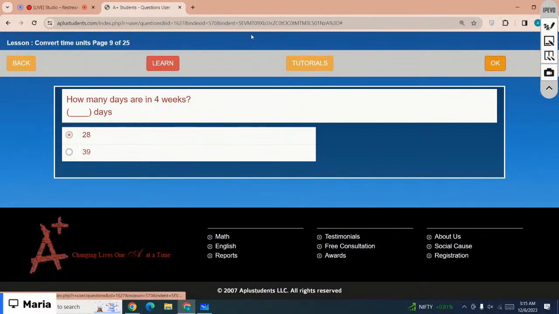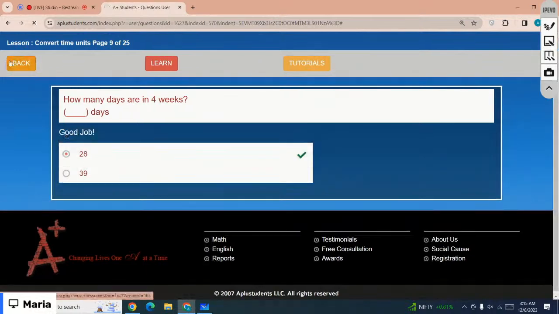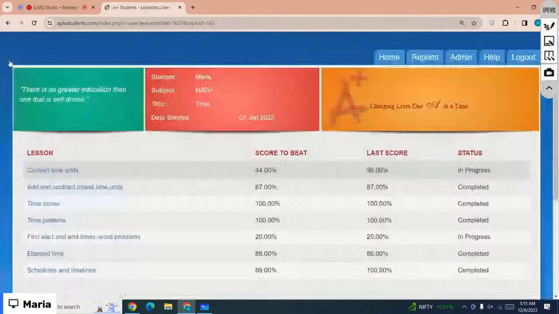Okay, you can complete the lesson by yourself later today. Let's just move on to the next lesson. Okay, the next lesson is add and subtract time units.